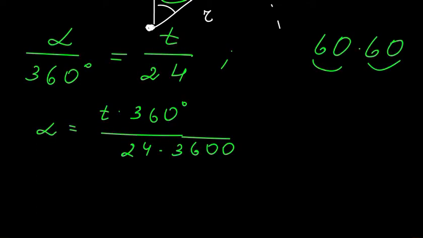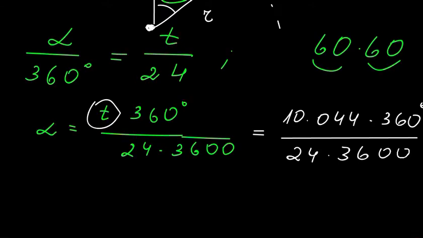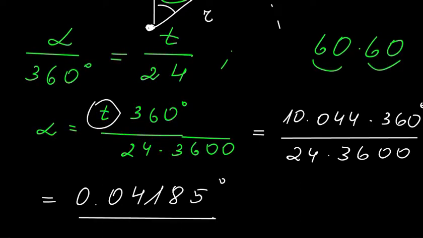So once we do that, we put 10.044 instead of t, multiply it by 360 degrees, divide by all this, and we get that our alpha is equal to 0.04185 degrees. So it's extremely small.